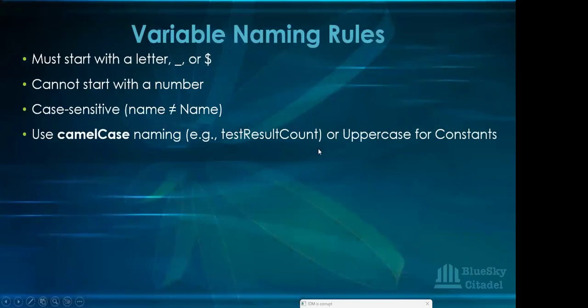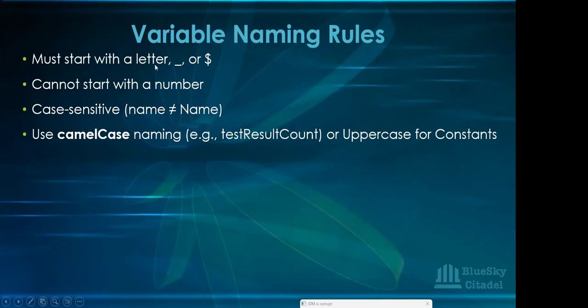So what are the rules when naming a variable? The first one was it must start with a letter, either a letter or an underscore or a dollar sign. But in most programming languages like Java or C#, underscore and dollar sign are not going to be used. You can't use those symbols in those languages.